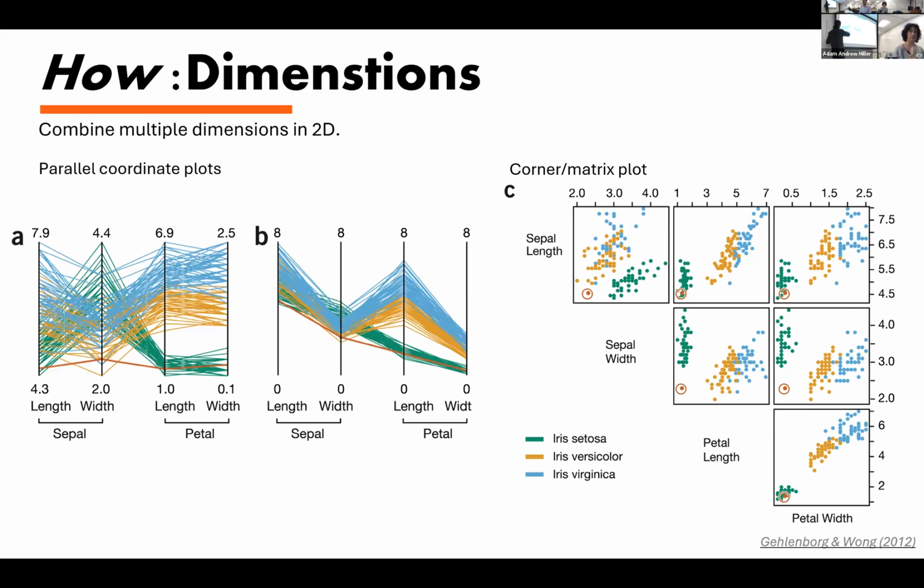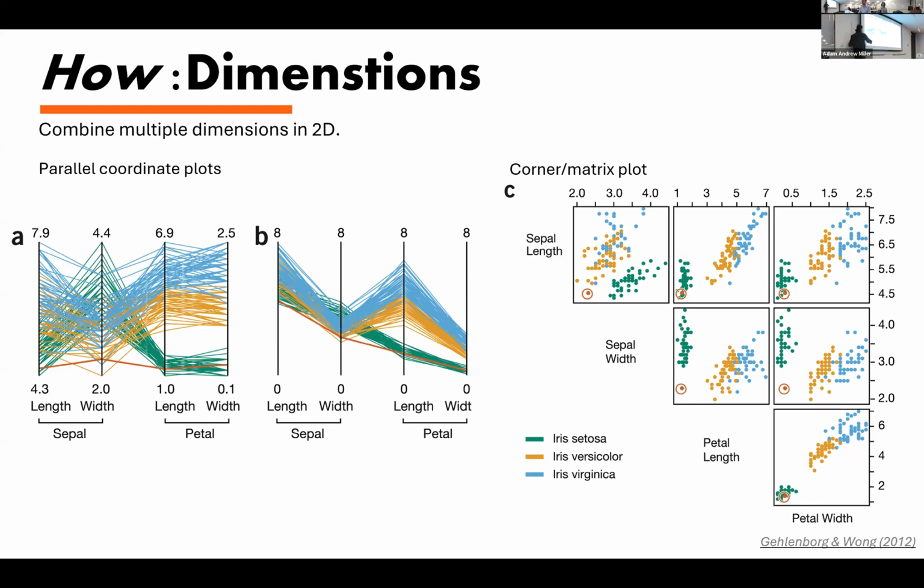Another option are these parallel coordinate plots, which I think is less used in astronomy, but give similar information, but also show the connection for one flower in this case across the different dimensions. So one line corresponds to one flower, whereas one of these lines is a dot in every one of these panels.